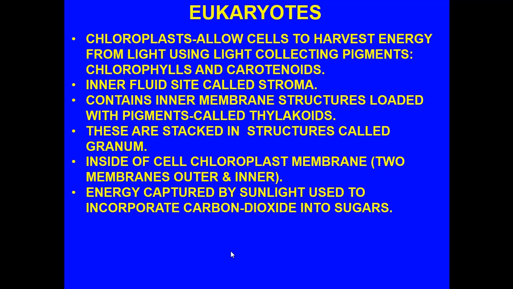Sugars, in essence, are going to be your storage, your energy to be stored to use later on. How are you going to use it? By glycolysis in the cytoplasm, and then by the other two steps, the Krebs cycle and the electron transport chain that are in the mitochondria.